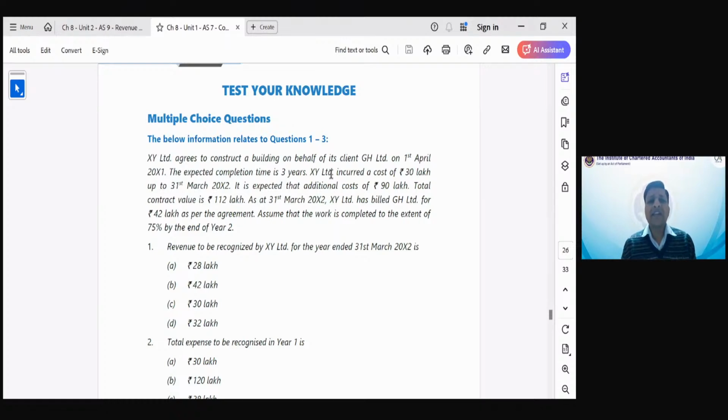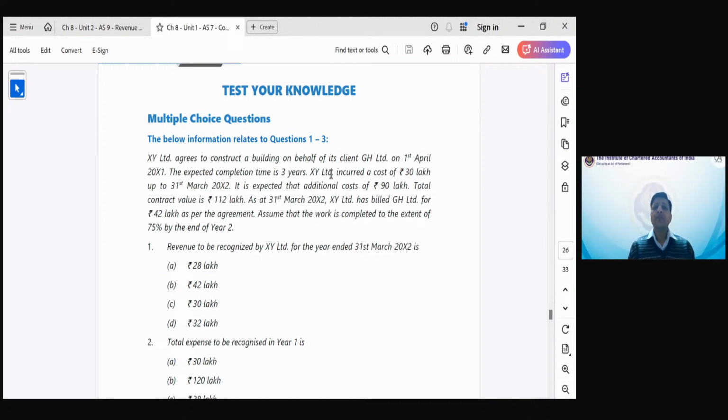It says XY agrees to construct a building on behalf of its client GH on 1st April X1. So XY is the contractor. Expected completion time is 3 years. XY incurred a cost of 30 lakhs up to 31st March. I understand this is the financial year. It is expected that additional costs to complete the work will be 90 lakhs. Total contract value is 112 lakhs.